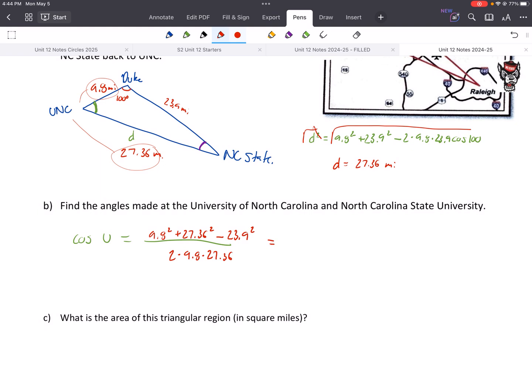Okay, so then we would put that into our calculator. Well, I guess before that, we'd do cosine inverse on both sides. Sorry, I kind of forgot that part. And then we'd put that into our calculator. Again, if you have questions putting that in, let me know. And we end up getting U equals 59.35 degrees.